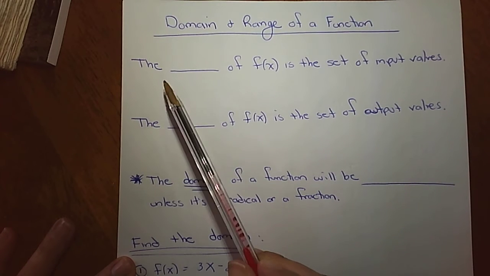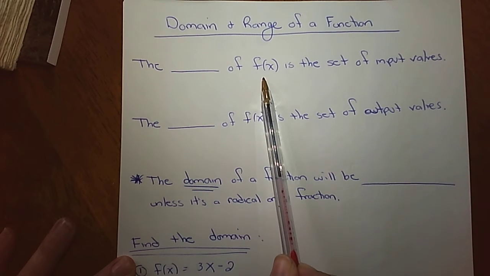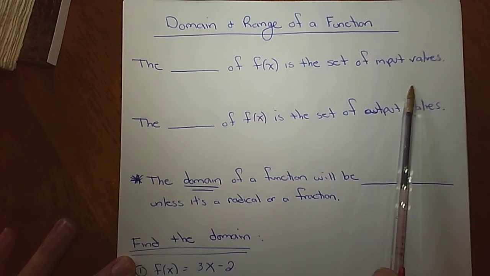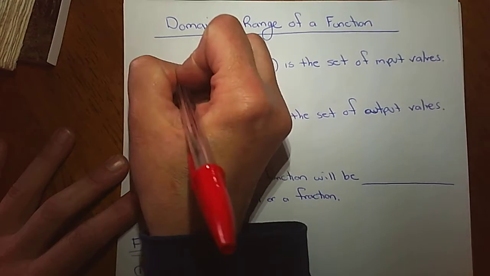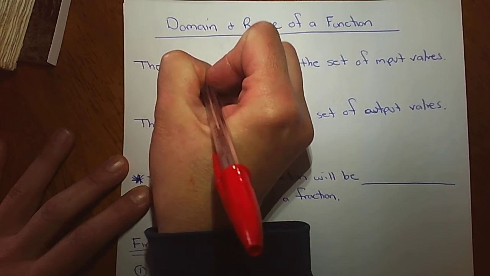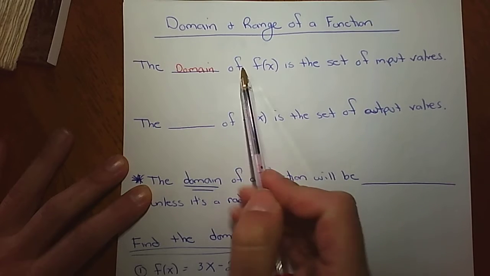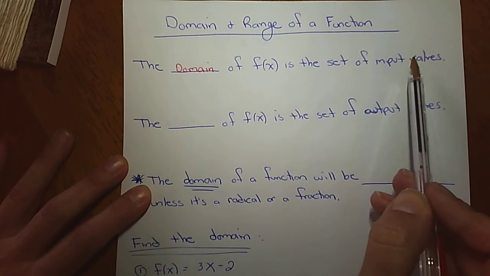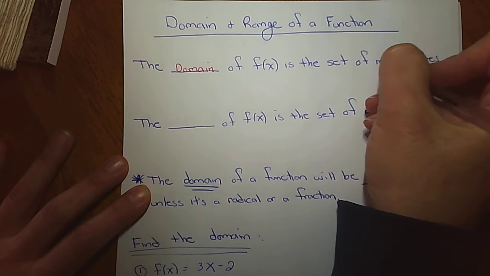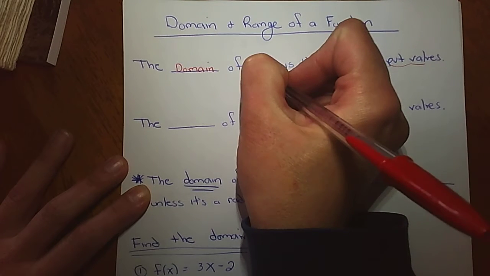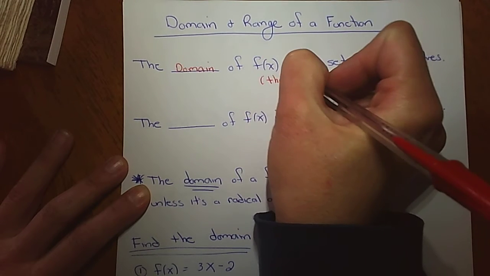We're going to start off with the blank of f of x is the set of input values. So that would be the domain. So the domain is what we're plugging into f of x. So input values mainly means the x's.